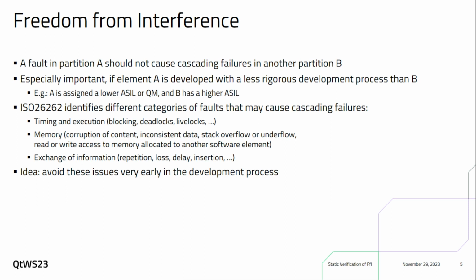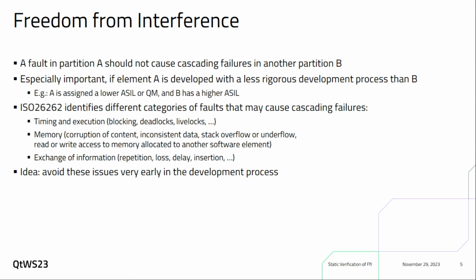And if a safety function relies on the consistency of that memory state, it will cause a cascading failure. And that's one of the main properties where we can actually do something quite early in the development, and this presentation should show how to do that.